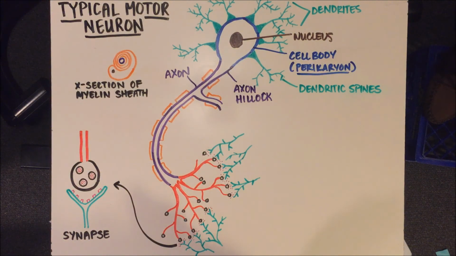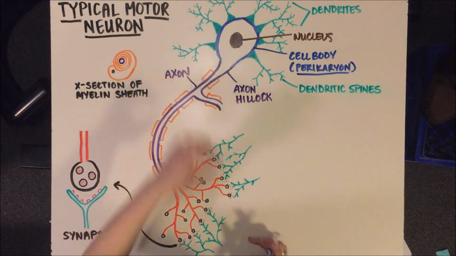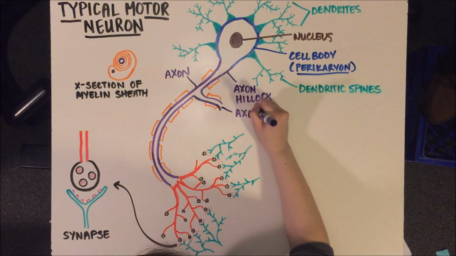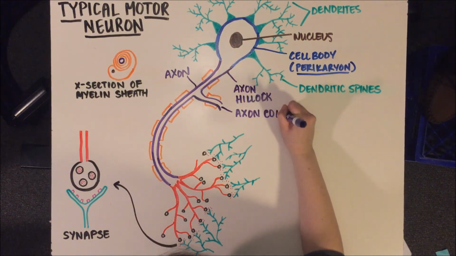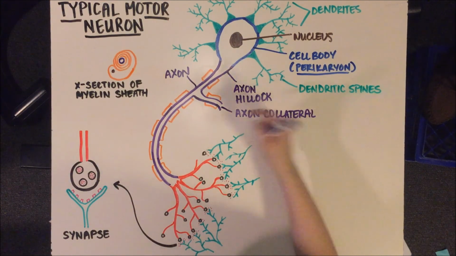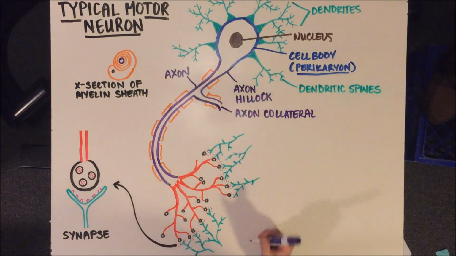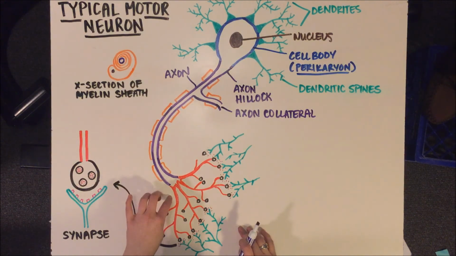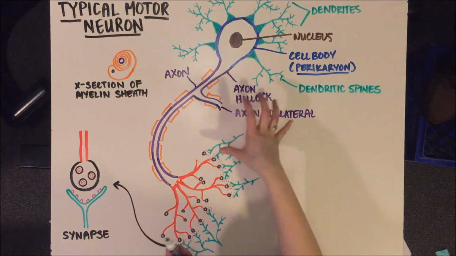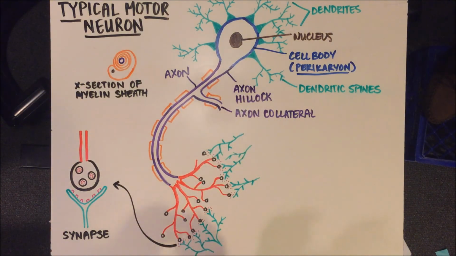The axon can also have a little side projection. This is known as the axon collateral. And this would just be another branch of the axon, and it too would lead to its own telodendria. But I didn't draw them just because it'd be a little crowded.